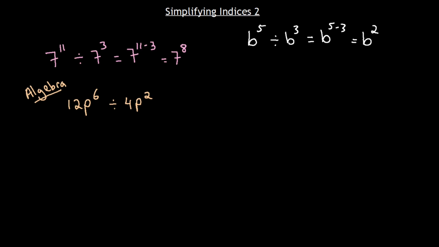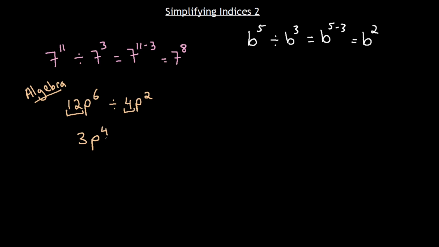What we could do here is we can just divide the 12 and the 4. So 12 divided by 4, that makes 3, and then using the rule we can subtract the powers. So that would be p, 6 take away 2 is 4. Okay, it's as simple as that, really.